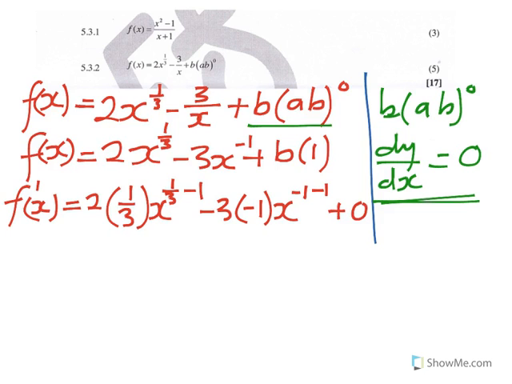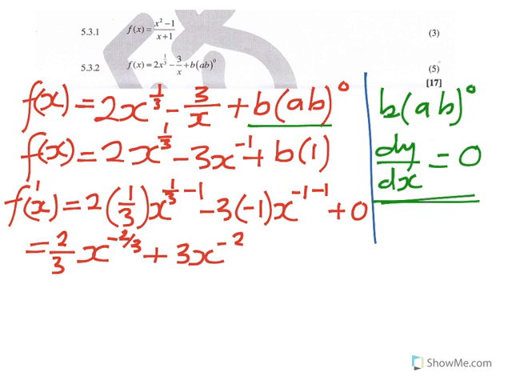Remember I said when you're differentiating that it becomes a 0, which is equal to 2 over 3 x to the power minus 2 over 3 plus 3 x to the power minus 2.